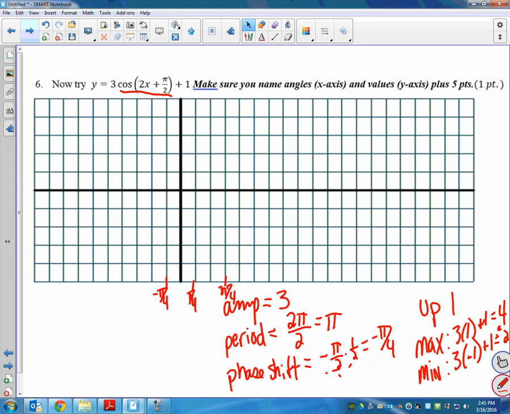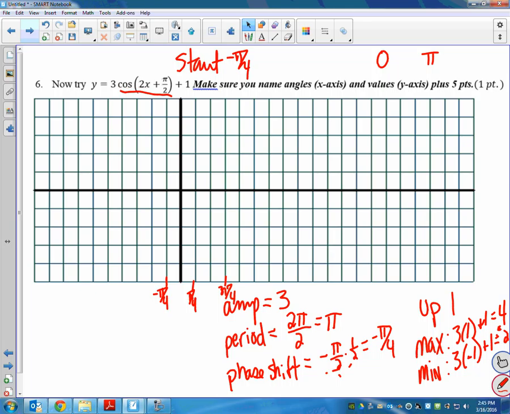And think about, normally, if there was no phase shift, my graph, my 5 points, would go from 0 and it would end at pi. But because I'm shifting it by negative pi fourths, now my graph's going to start at negative pi fourths.